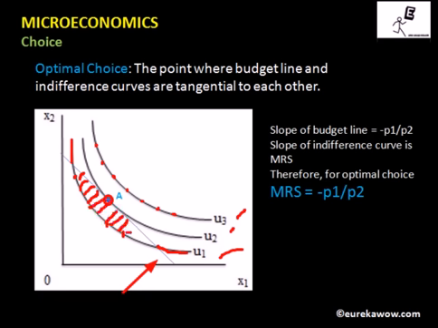There is a whole portion of the budget line which is lying above this indifference curve. Therefore, any bundle that will be lying on this shaded region is going to provide higher utility to the consumer and will be affordable as well. Higher utility because it will be lying on a higher indifference curve, because it lies to the right of U1.